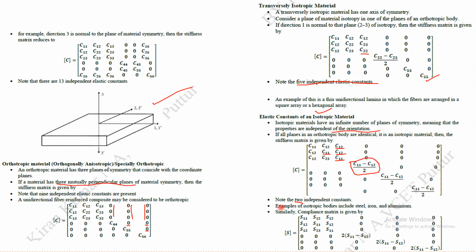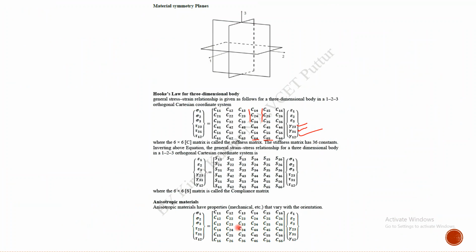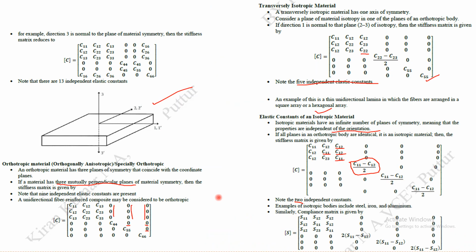Sorry, this one is a monolithic material, so I forgot to tell that, which is not included in the slide. It is monolithic material. For anisotropic material, this is the stiffness matrix. This is for monolithic material.